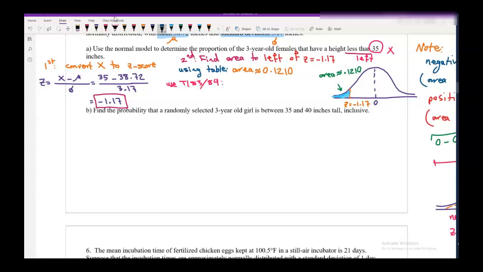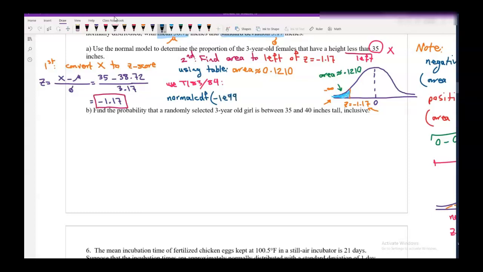Since z is given and we are asked to find the area, use normal CDF. Finding the area for this part, here is our lower bound, and this is the upper bound, which is z equal to -1.17. On the left we have negative infinity. To enter negative infinity into our calculator, it's -1E99.